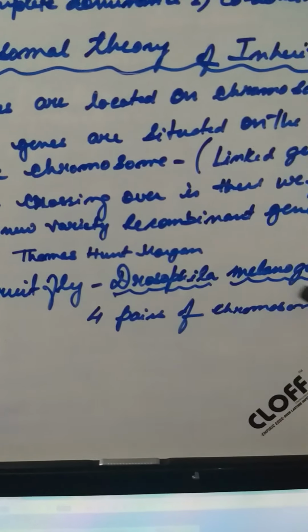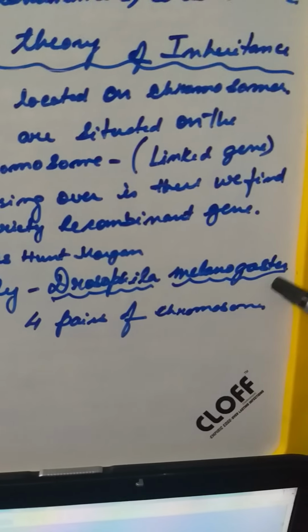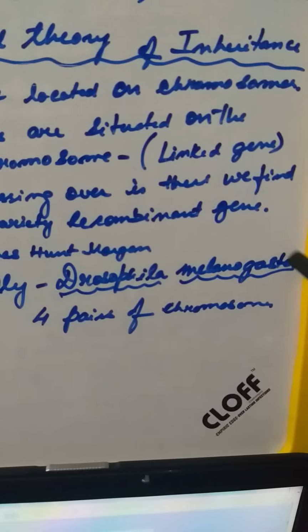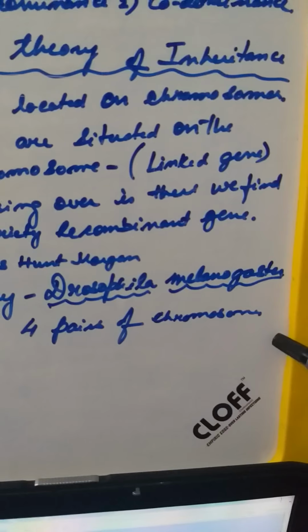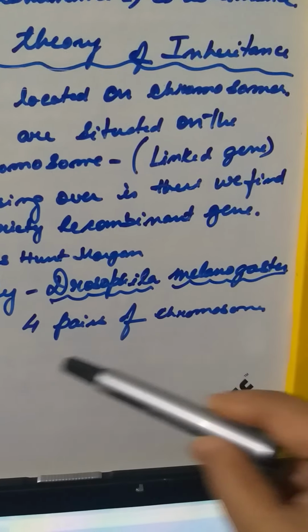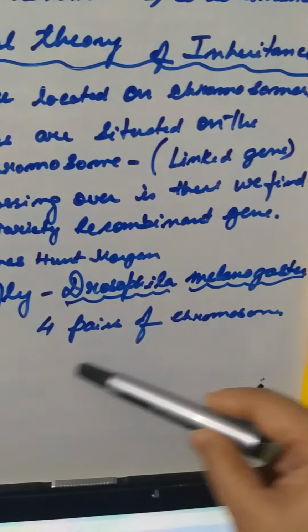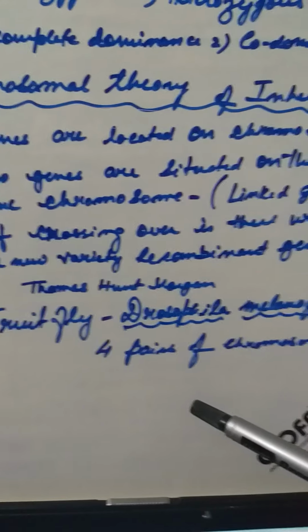Why Drosophila melanogaster? The generations, first, second, third, are easy to multiply. It has only 4 pairs of chromosomes. The male and female Drosophila are easily distinguished. They produce a large number of offspring, so you can get the variations also.